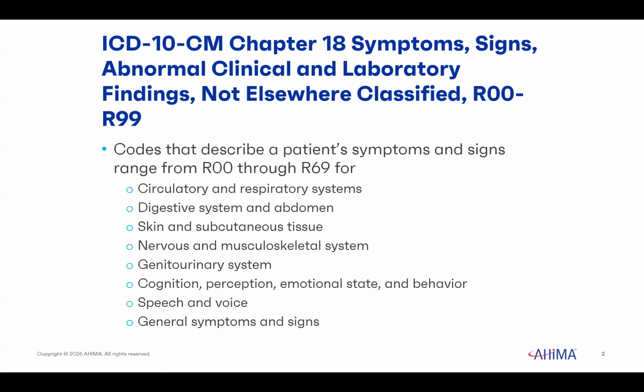These codes are only used when there's no confirmed diagnosis. If there is a confirmed diagnosis, we don't use the code for the sign and symptom if it's inherent to the disease process of the diagnosis. And we'll get into more of the weeds on this in a bit.